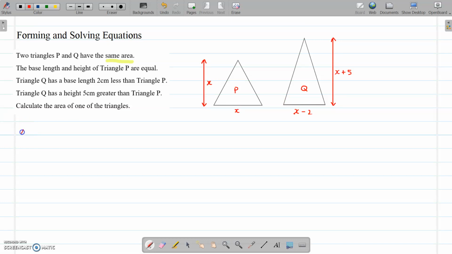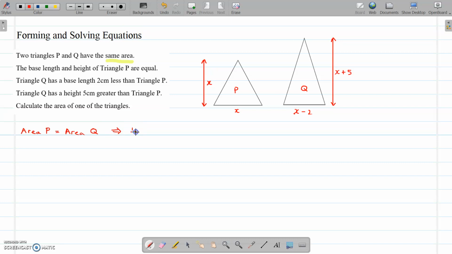So area P equals area Q. Okay, that's a fact that's given to us in the question. And then we can say that the area of P is a half base times height.